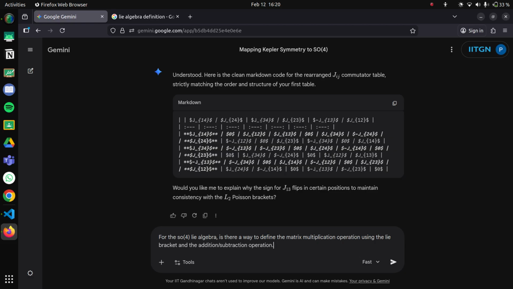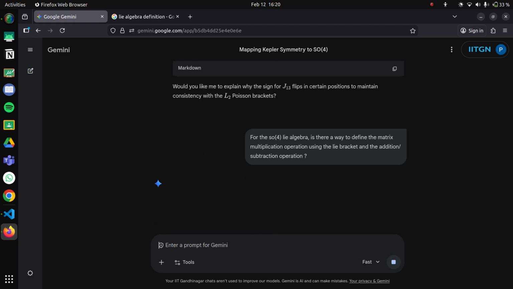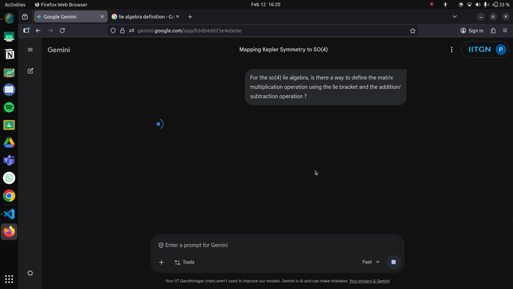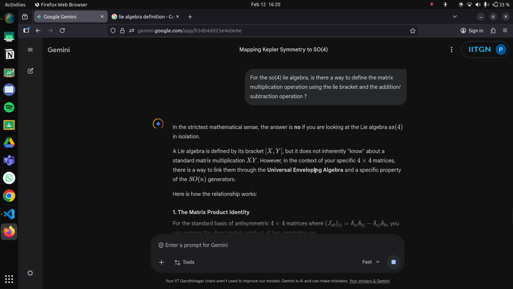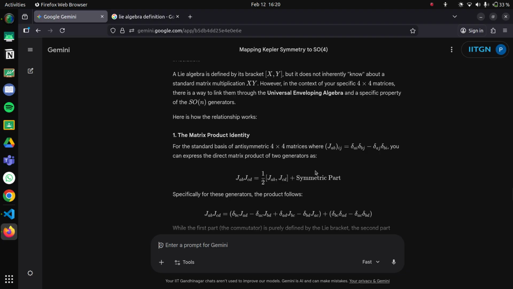What happened to this? Okay, I hope there is. No, if you're looking at the Lie algebra in isolation, the universal enveloping algebra is a specific property of the SO4 generators. Oh, okay, cool. That's the symmetric part.